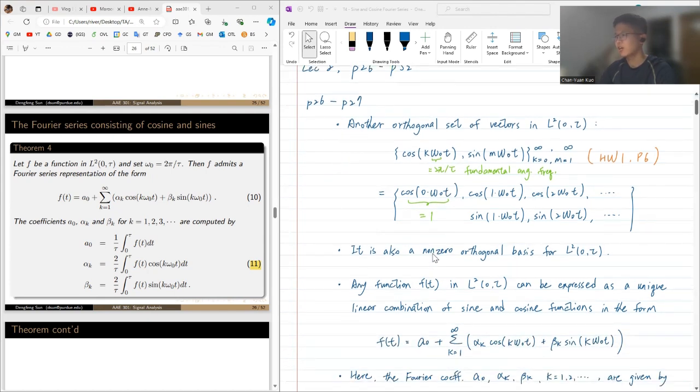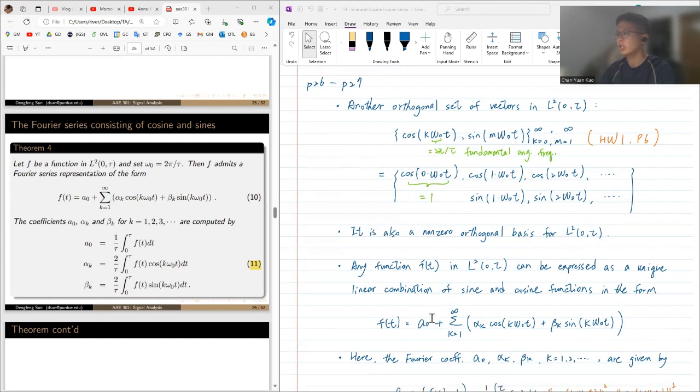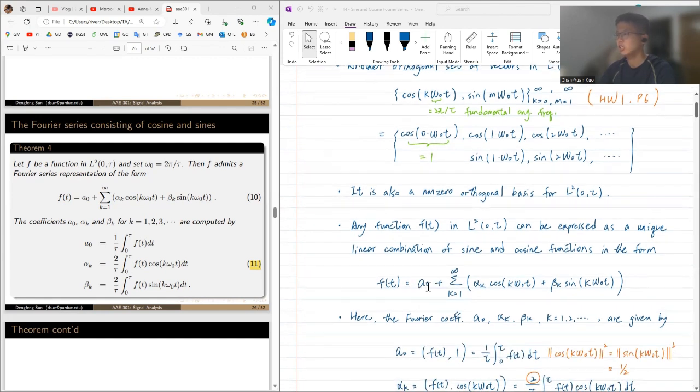And that means any function f in the Lebesgue space can be expressed as a unique linear combination of sine and cosine functions in the following form. Here we have f of t equals a naught plus the summation of alpha k times cosine of k omega naught t plus beta k times sine of k omega naught t. And k is from 1 to infinity.